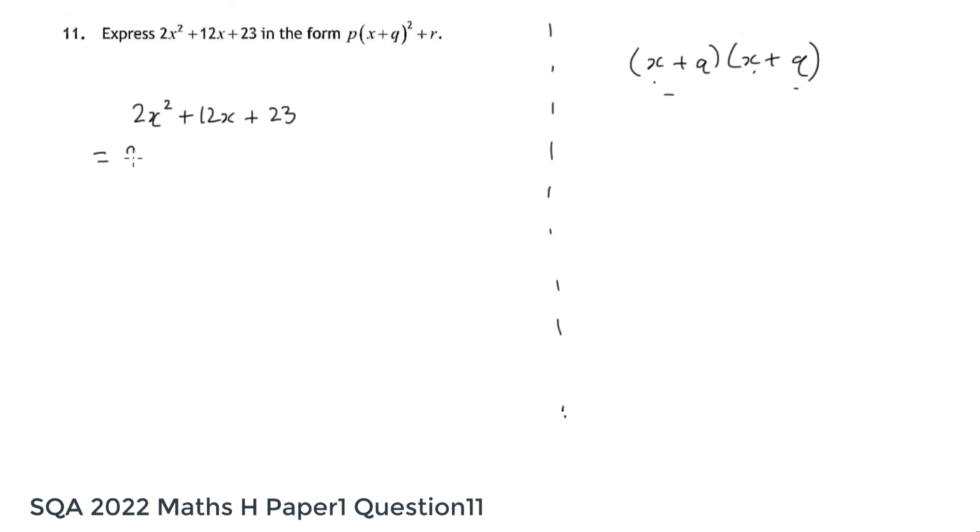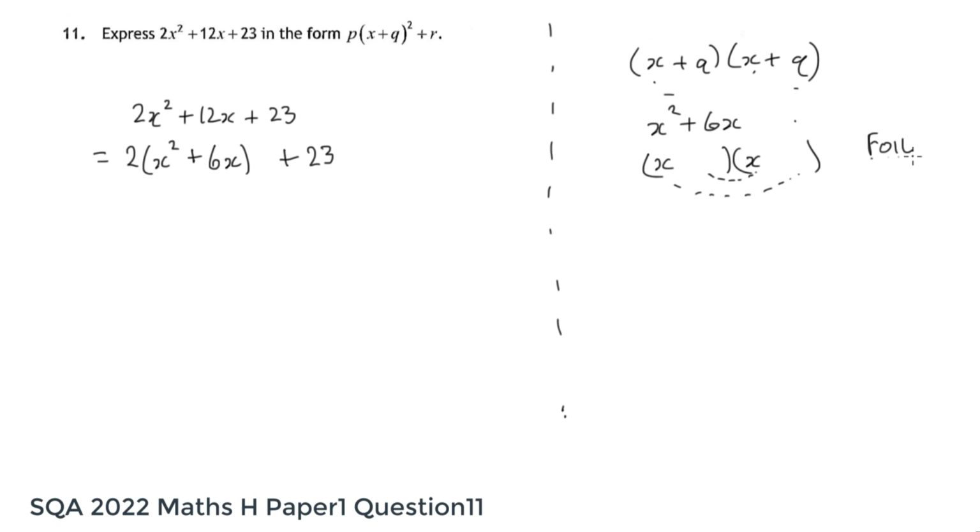One of the ways that we can tackle this is to get rid of that 2 as a common factor. The number at the end we can sort out later, but at the heart of this we've got x squared plus 6x. If we have to write this as two terms that are identical, with an x and an x, you notice that the outside two terms and the inside two terms, that's your FOIL: firsts, outsides, insides, lasts.